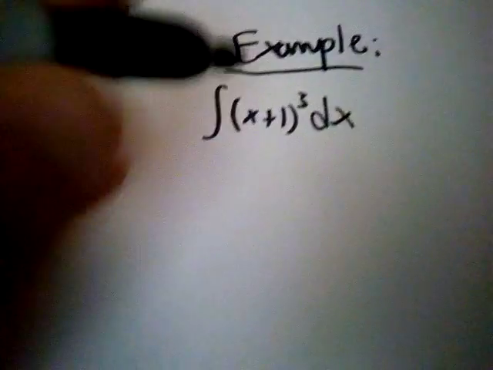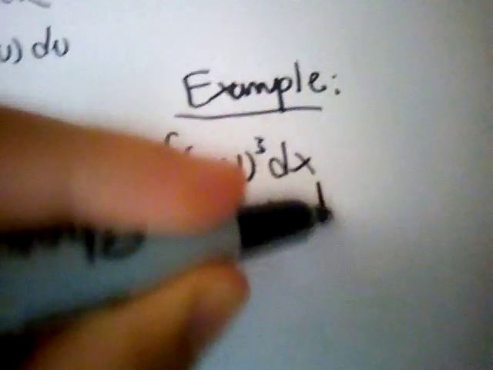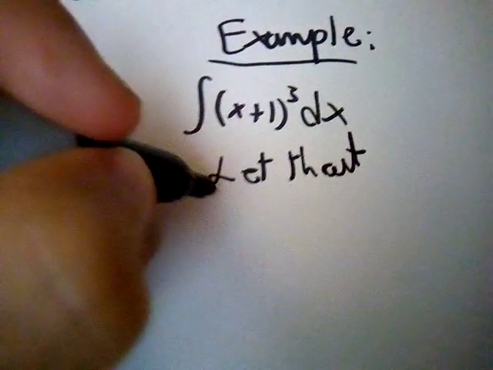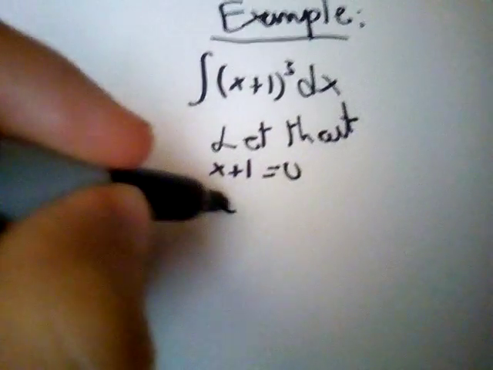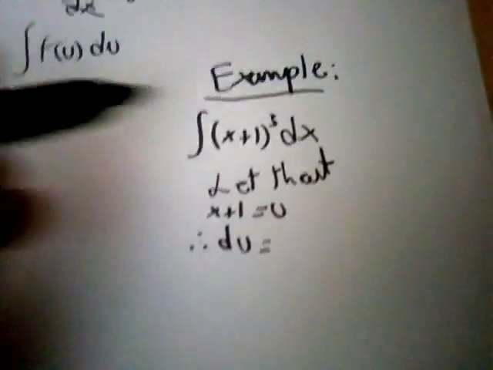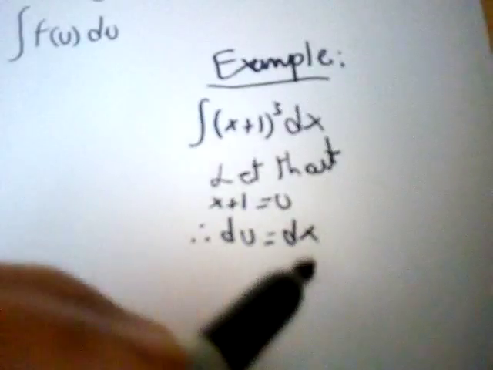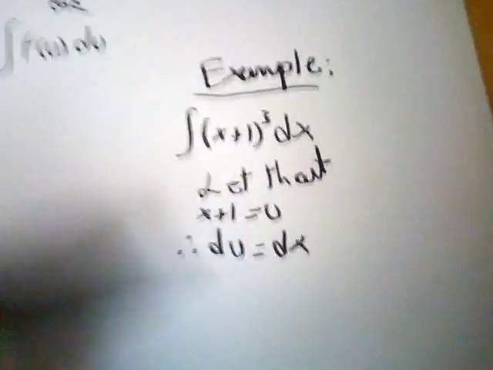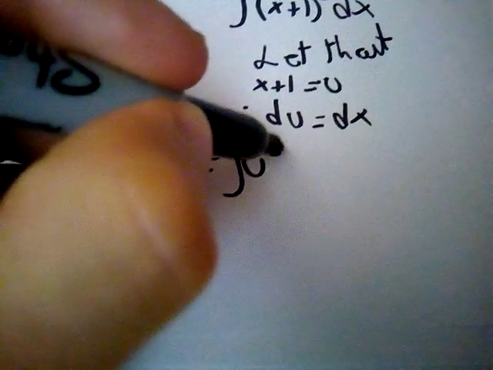It's x plus 1. So we can say, let x plus 1 equal u. Therefore, du, I'm going to multiply both sides by dx. Well, the derivative of x plus 1 is 1. And multiplying by dx, we get du is equal to dx. That's a nice swap. And so this becomes the integral of u cubed du.